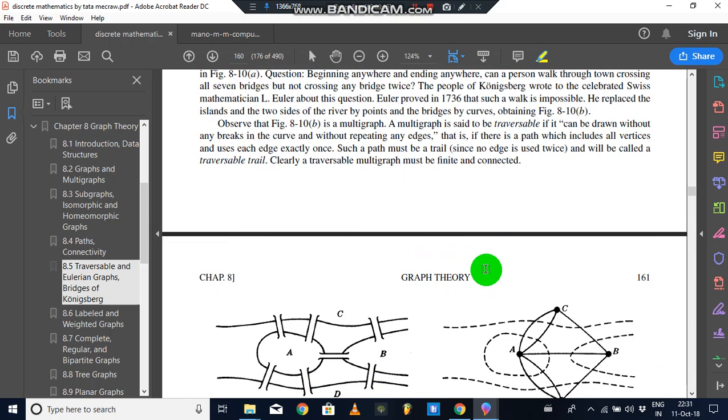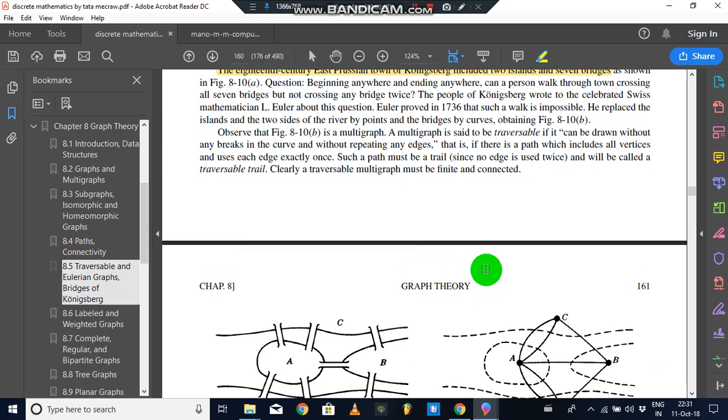So at that time, Euler proved that you can't walk through this island under this condition. I already told you, we can't revisit any bridge twice.